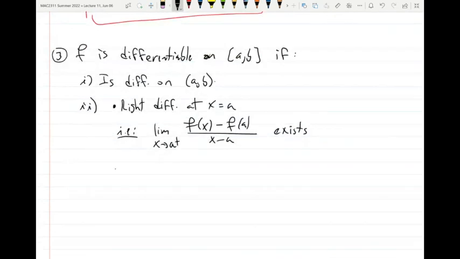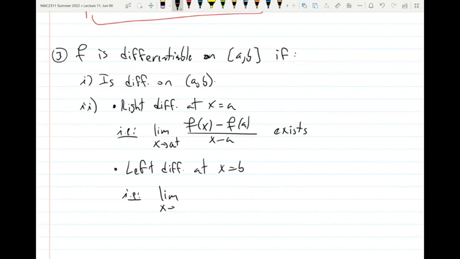That's right differentiability. And it is left differentiable at b, i.e. the left limit exists.